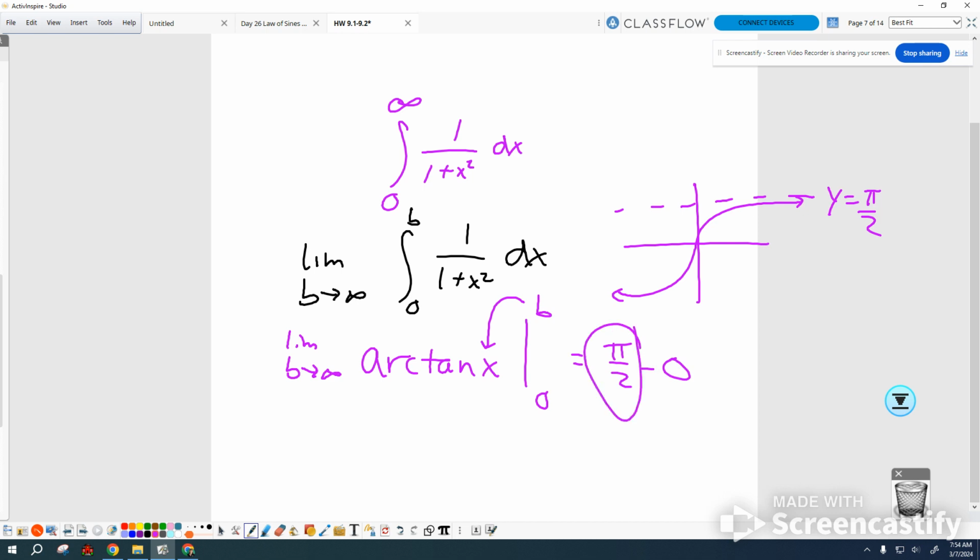AP loves it. Because as we go to super duper infinity, arctan flattens out to pi over 2. And tangent is 0 at 0. So that answer was just pi over 2.